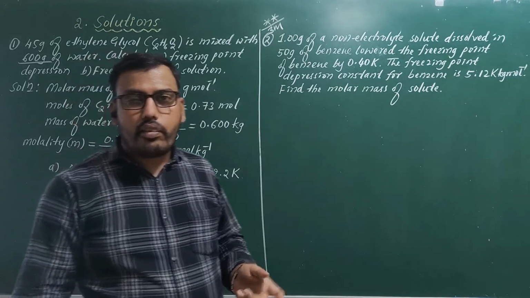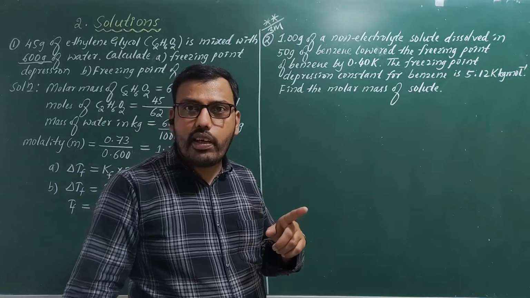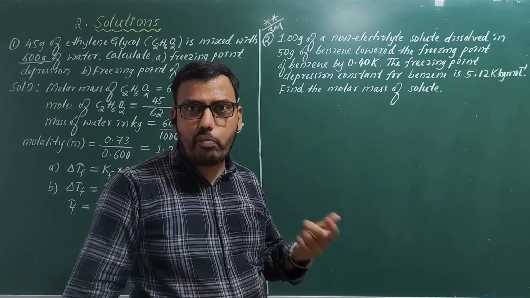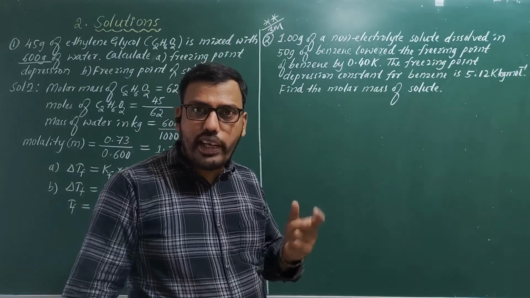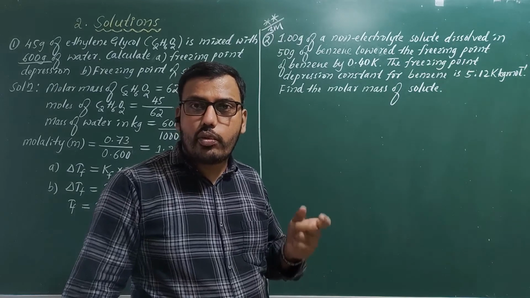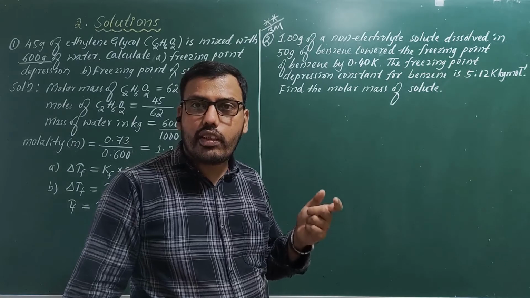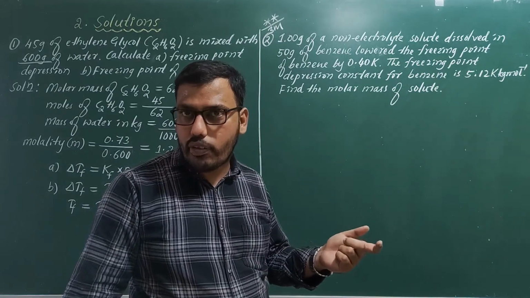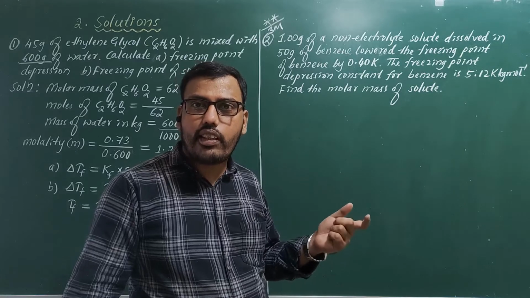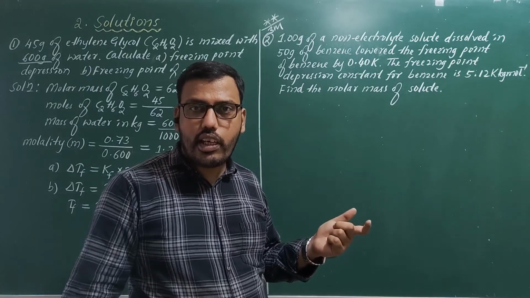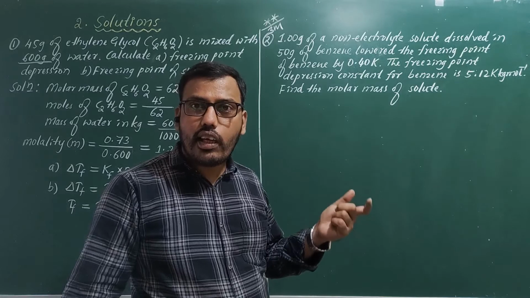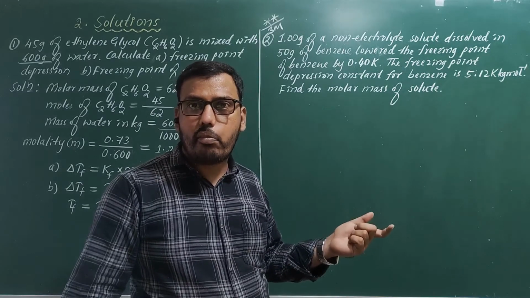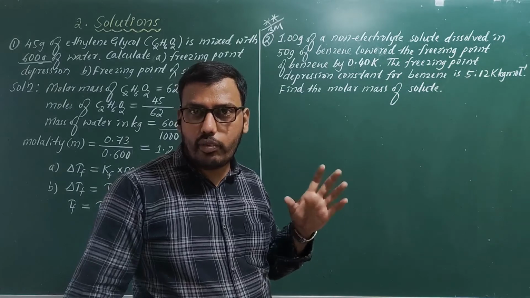Okay. So there we are using delta TB, here we will use delta TF. Formula almost remains same. KB and KF will change. So delta TB is equal to KB into W2 into 1000 divided by W1 into M2. So here delta TF is equal to KF into W2 into 1000 divided by W1 into M2, that is the only change.